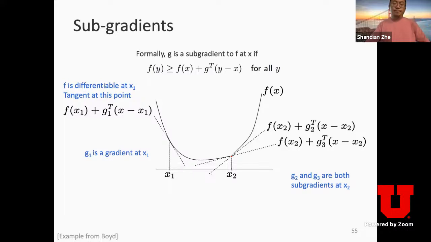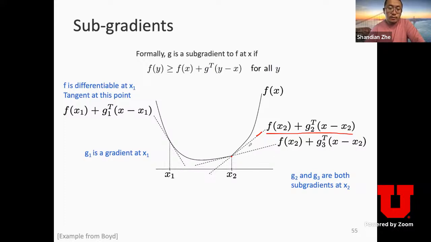So at x2 the function f is not differentiable, but across x2 you can still find many lines which stay below the entire body of f. Say I can draw this line, which is represented by f of x2 plus g2 transpose times x minus x2, and you can draw this line, f of x2 plus g3 transpose times x minus x2.